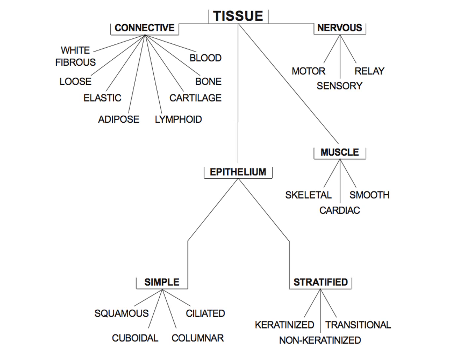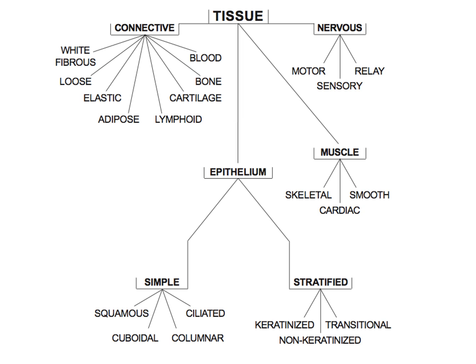Connective tissue can be white fibrous, loose connective, elastic connective, adipose connective, lymphoid, cartilage, bone, and we also include blood in this classification. The epithelial tissues are subdivided into simple or stratified. The simple are only one cell thick, and the cells can appear squamous, cuboidal, columnar, and they can be ciliated as well.